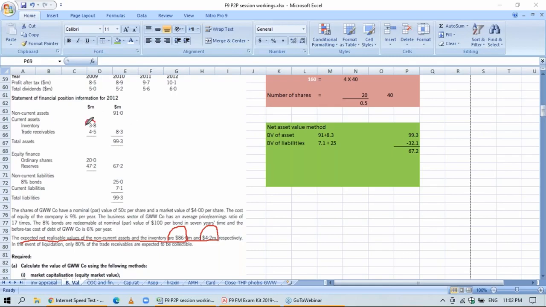If you look above, the non-current assets are 91 and its NRV is 86, meaning the value has declined by 5 million. And inventory of 3.8 appears in the books and the market value is 4.2. So inventory needs to be increased by 0.4 million and non-current assets decreased by 5 million.